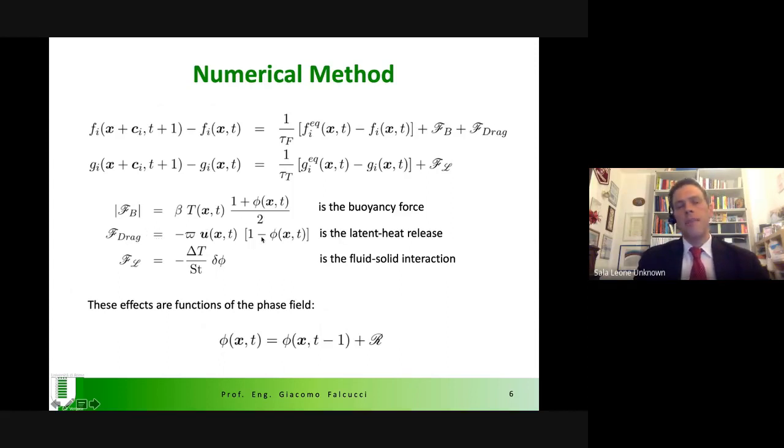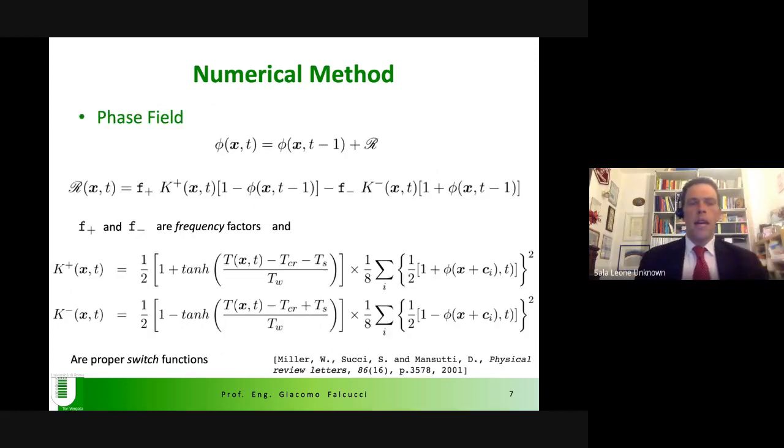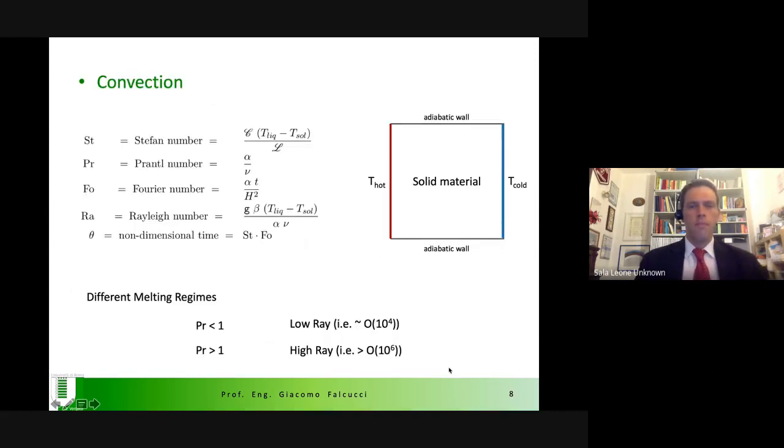The fluid-solid interaction is basically responsible for forbidding the passage of momentum from liquid to solid, which would be unphysical. This is the evolution of the phase field with the reaction term, which is given by the frequency factors and the switch functions that we have seen before. For more details, you can refer to the seminal work in PRL by Sauro and co-workers in 2001.